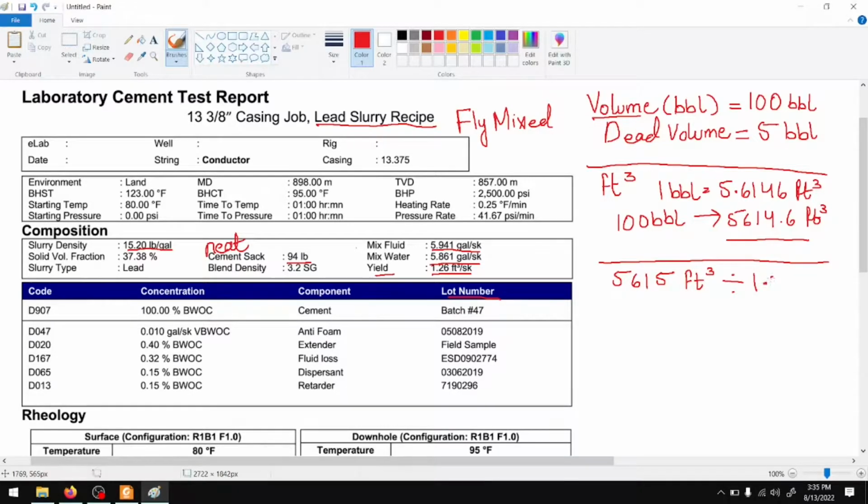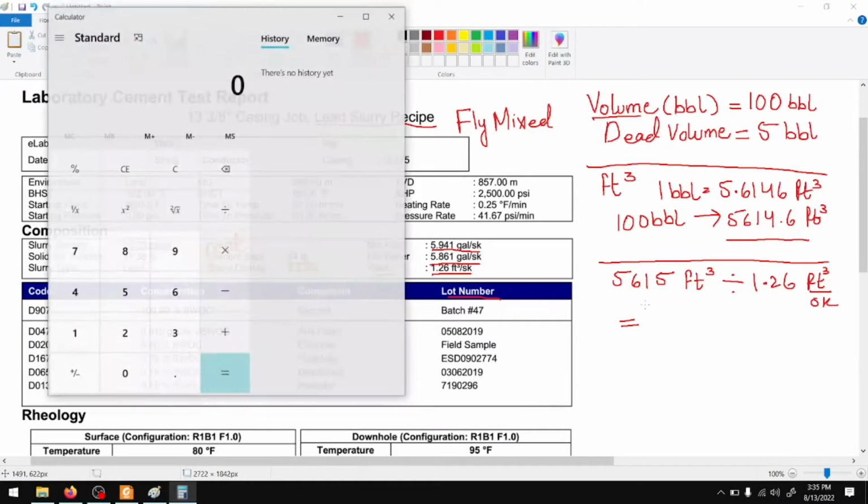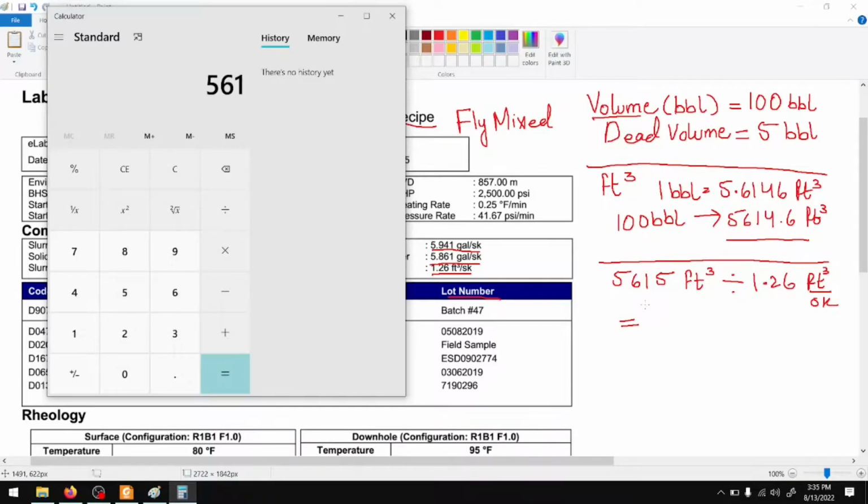That is 5615 cubic feet divided by 1.26 cubic feet per sack, which gives you 4,456 sacks of cement.